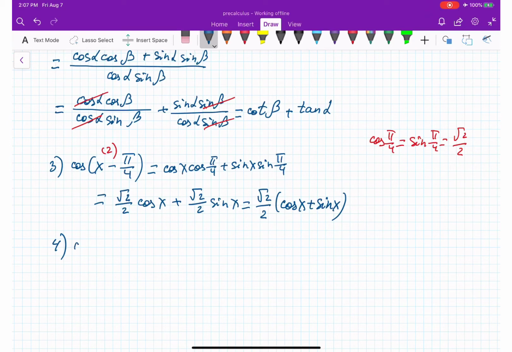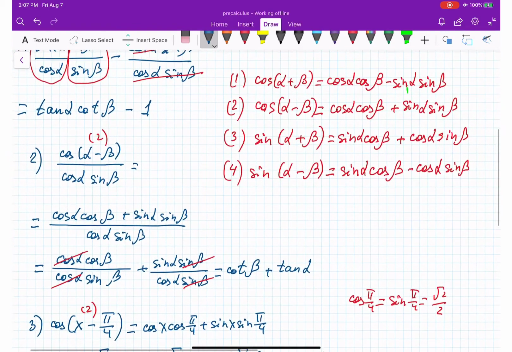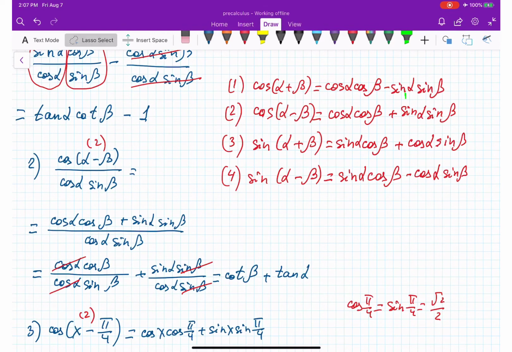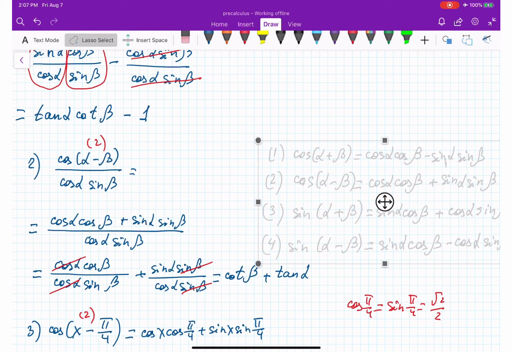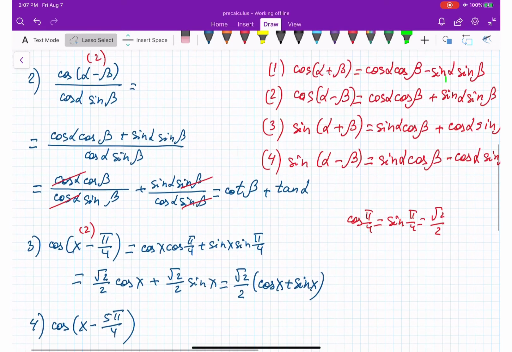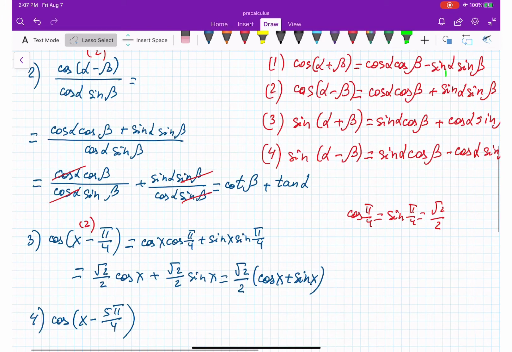All right, number 4, cosine x minus 5 pi over 4. Okay, what do we get? Since this is cosine alpha minus beta, it's going to be formula 2.